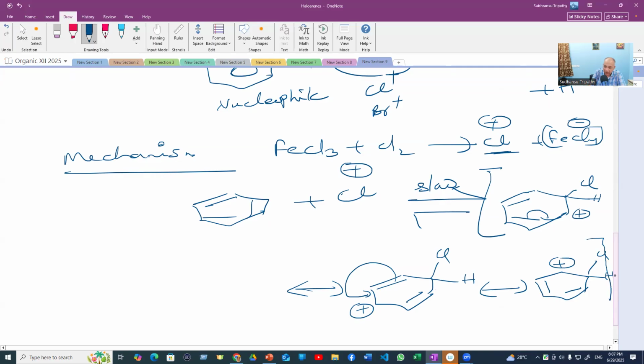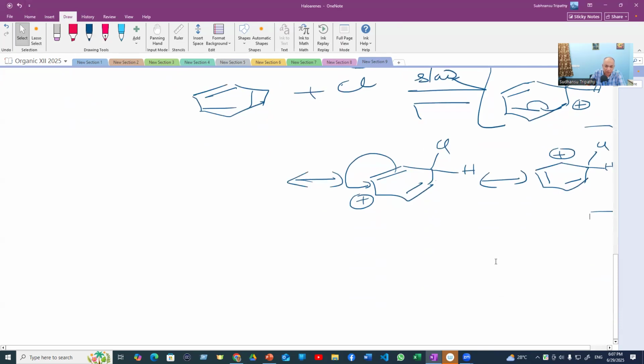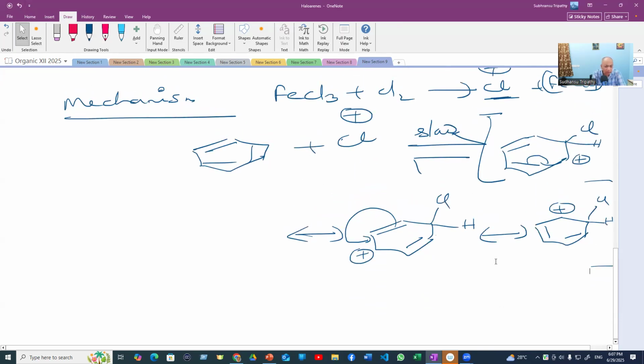Put a square bracket to show the three resonance structures of this arenium ion. I'm not going to write the details. I mean, arenium ion in general, you know this. This we have done in class 11, Arenes. And why I'm revising is to distinguish between ArSE and ArSN.